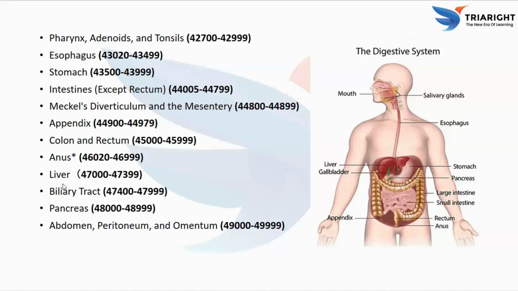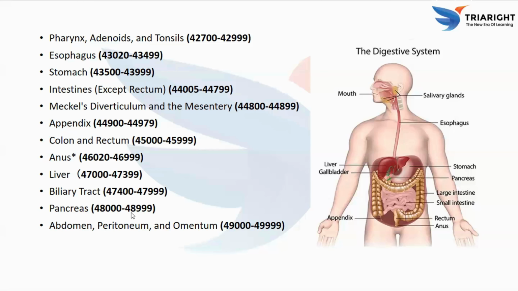Liver includes liver biopsy, partial hepatectomy, and also trauma repair. Biliary tract: always remember biliary tract includes the gallbladder as well as the bile ducts. Common procedures here are cholecystectomy and also ERCP. And pancreas, 48,000 to 48,999. Pancreas includes procedures of pancreatectomy, drainage of pancreatic pseudocyst, and trauma repair.